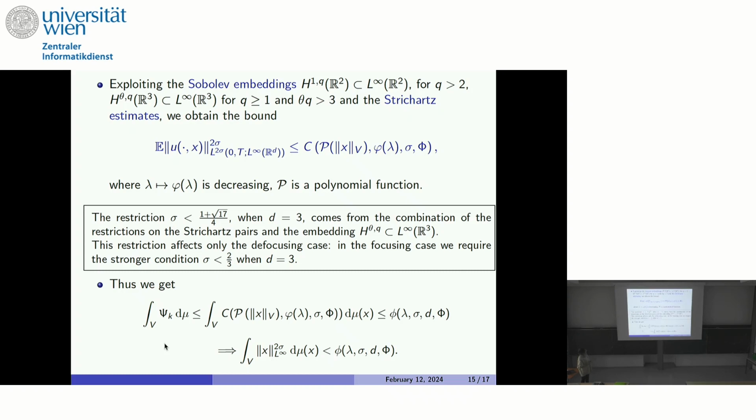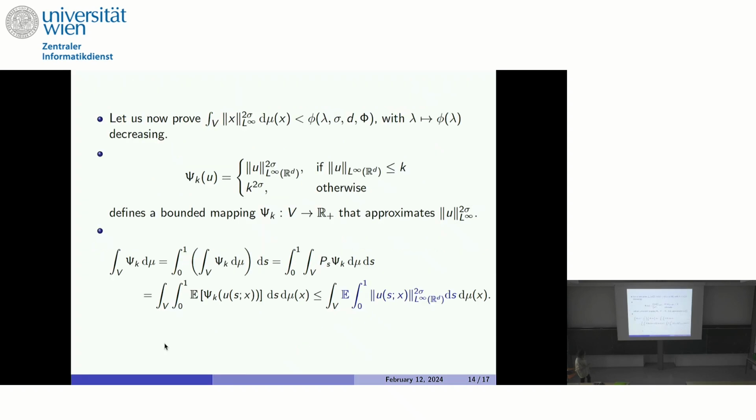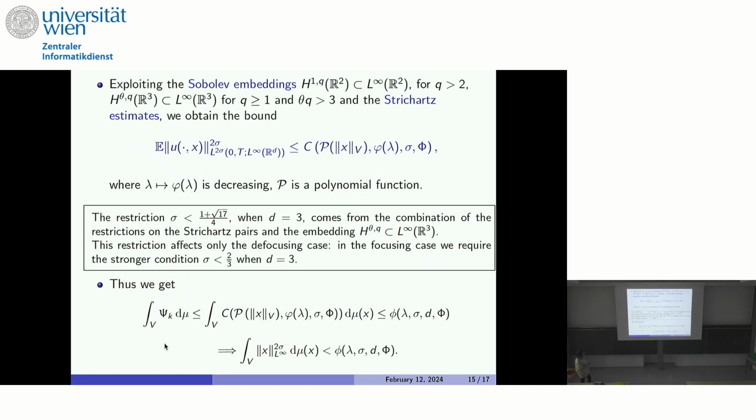And we see that this bound depends again on the parameter of the equation. In particular, we have again a decreasing dependence with respect to lambda, and it depends on the initial datum in the V norm. Okay. So using these estimates, if I go back, I know that the estimate that I want to prove is dominated by this term here. I have bounds for this term, and in particular, this bound depends on the initial datum in the V norm.